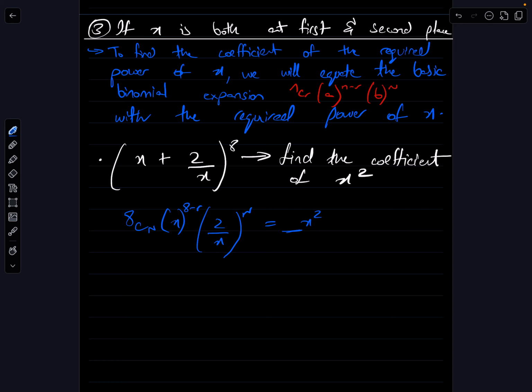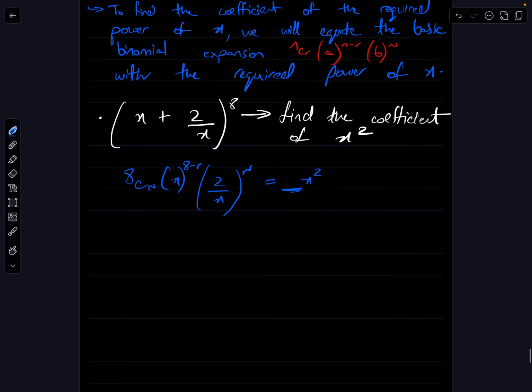There would be something here, but the only thing we're concerned about for now is x and its power. So I can rewrite this as x to the power 8 minus r, 2 to the power r, x would come up, and thus it would be x to the power minus r.